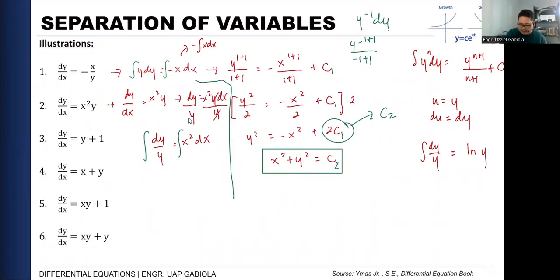So, ayan. So dito, this will be ln y is equals to x cubed over 3 plus c. And later na lang natin papakita yung simplification niya. Ang mahalaga dito sa illustration natin, ma-identify muna natin kung separable siya o hindi.